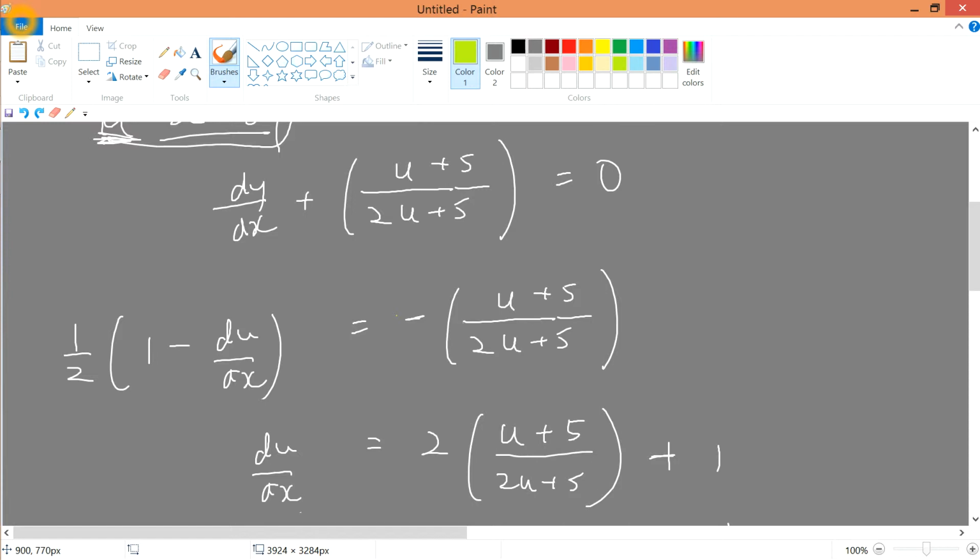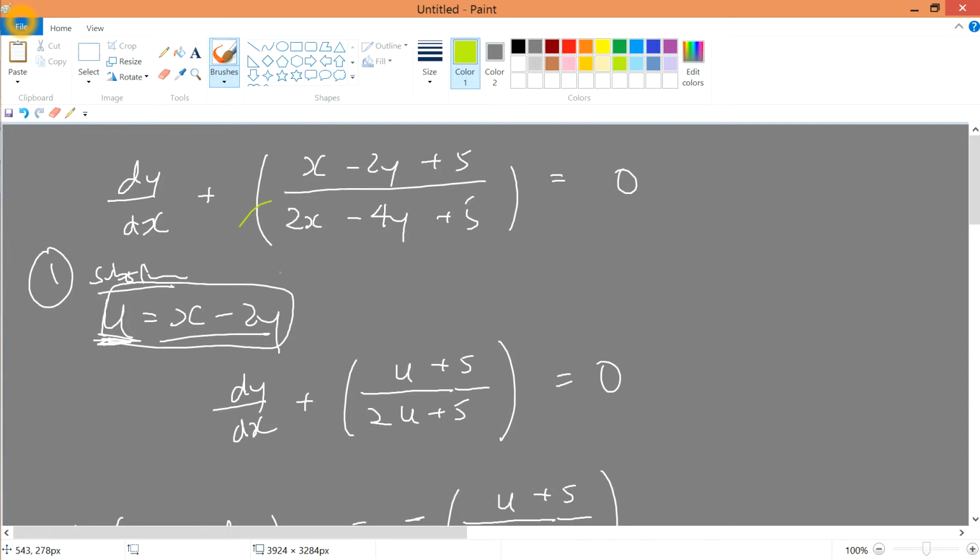Once you substitute, make sure that when you differentiate u equals x minus 2y, you're trying to find something to replace this thing. So you're going to write in terms of y in this case. If this is dy, then it's in terms of y. If this is dx over dy, then it's in terms of x itself. So you have to be very careful.